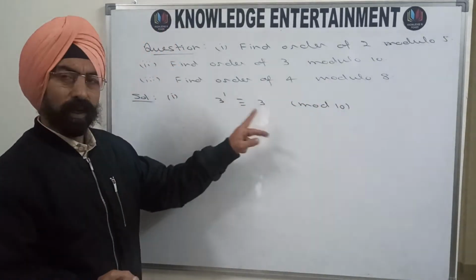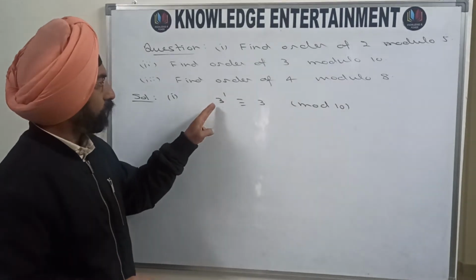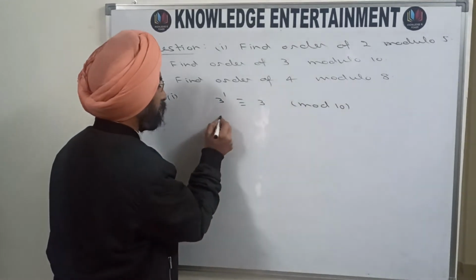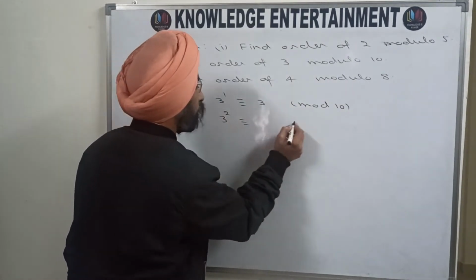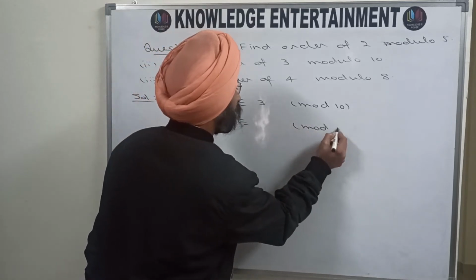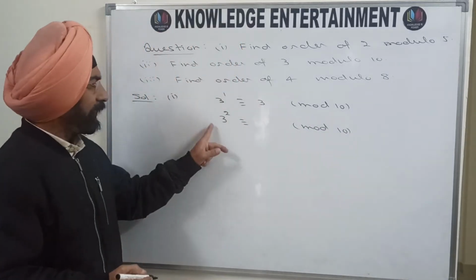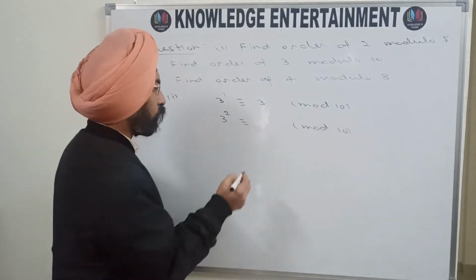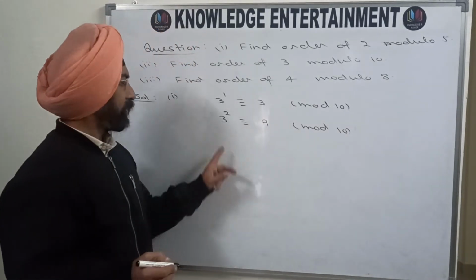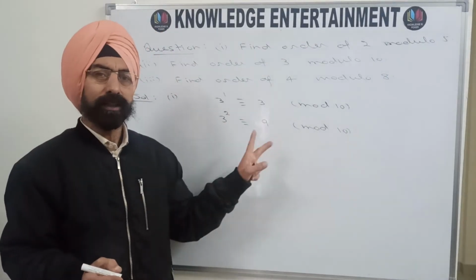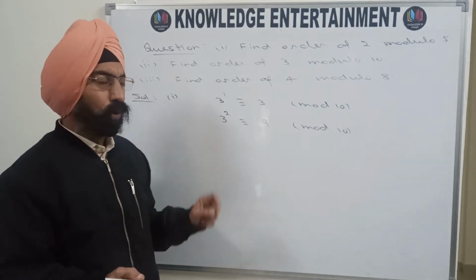It is not congruent to 1, so 1 is not the order of 3 modulo 10. 3 power 2. 3 power 2 is 9. 9 is again less than 10, so it is congruent to itself. So that means it is once again not congruent to 1 modulo 10. So 2 is also not the order of 3 modulo 10.